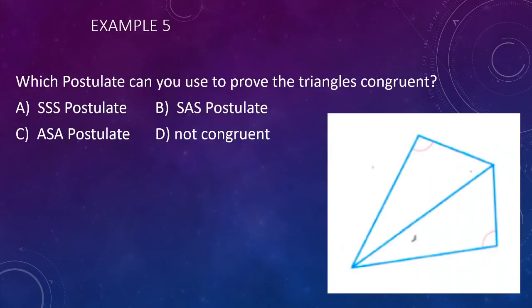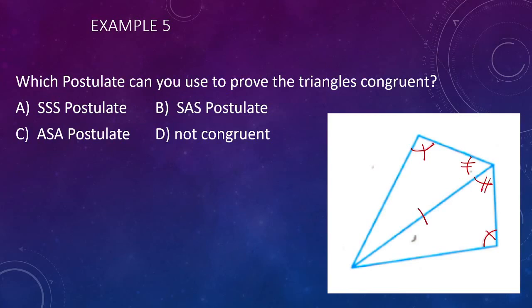Kini. If I'm gonna have this angle is congruent to this angle, and I'm gonna have reflexive side, sir. This angle is congruent to this angle. Reflexive side. Very good. There you go.